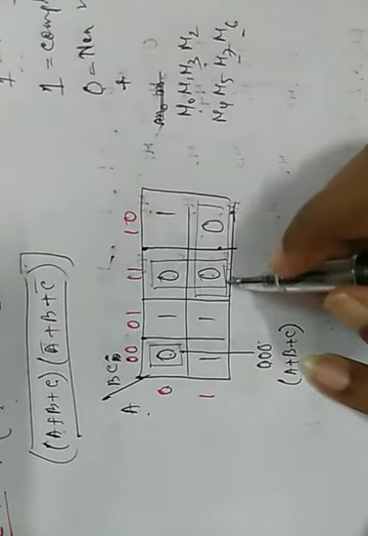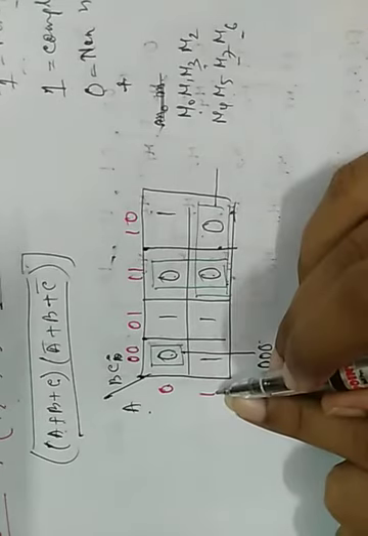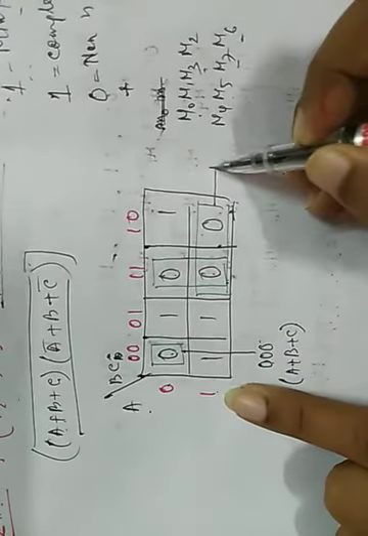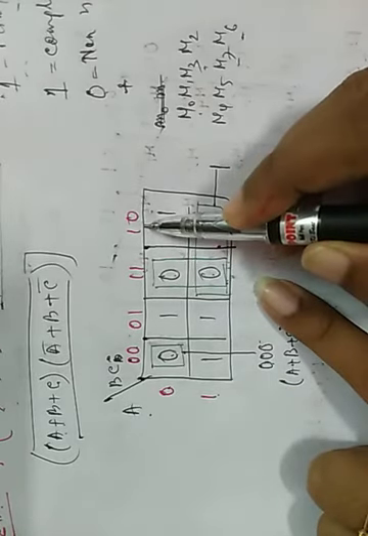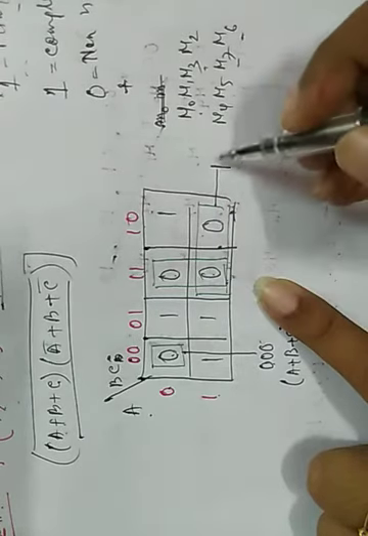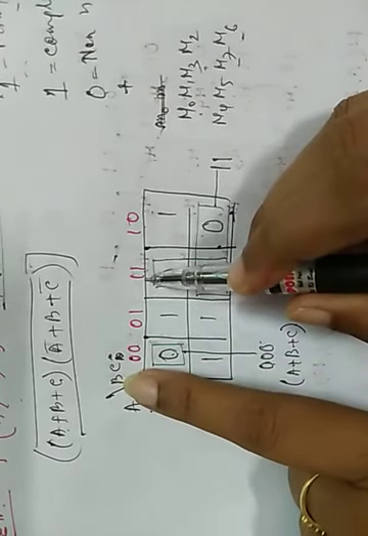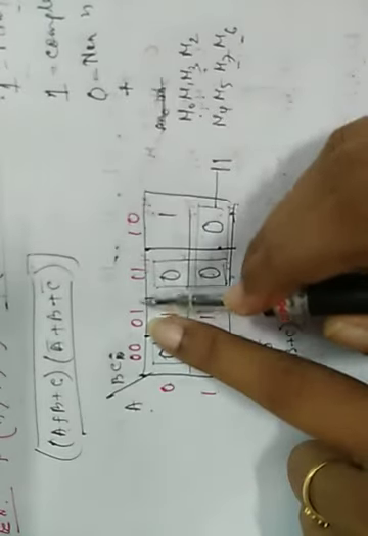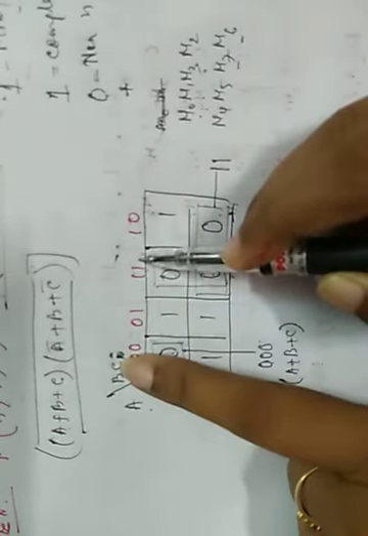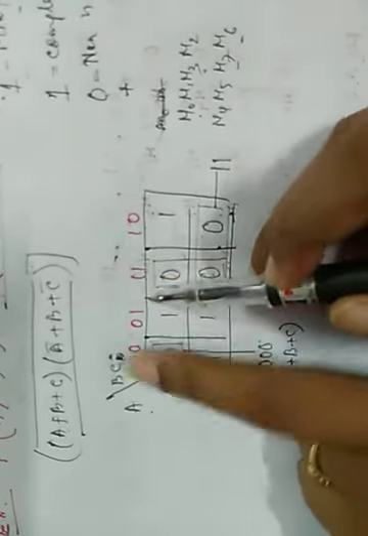Okay, now for this group, 1 is a single horizontal row, so 1 must be there, and there are 2 vertical columns. For 2 vertical columns, which one is common? 1 is common, and 1 comes from the first position, so 1 is there. You must mind from where 1 comes. If it comes from these 2 columns, 1 is from the C value, and 1 which is common comes from the first value.